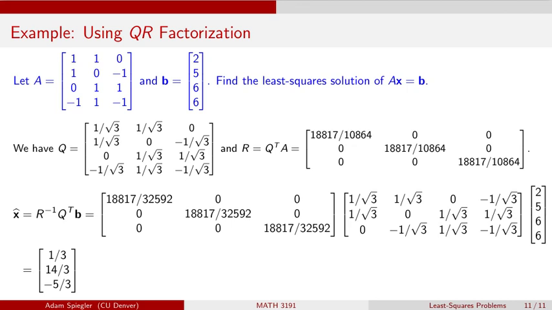In particular, if you were given the QR factorization of matrix A, then it's certainly way easier to calculate the solution using the QR factorization. If you don't know what the QR factorization is, then you might just go straight ahead using the normal equations to find x hat. I'll let you decide which method you prefer.